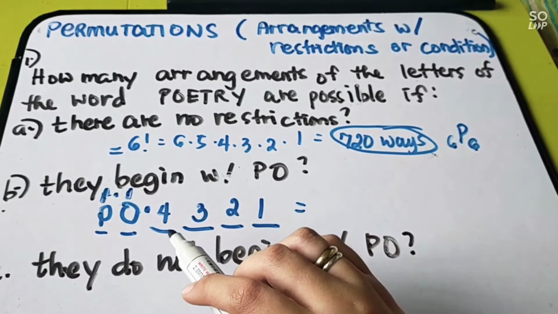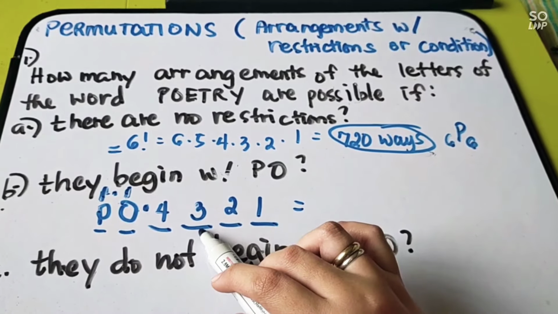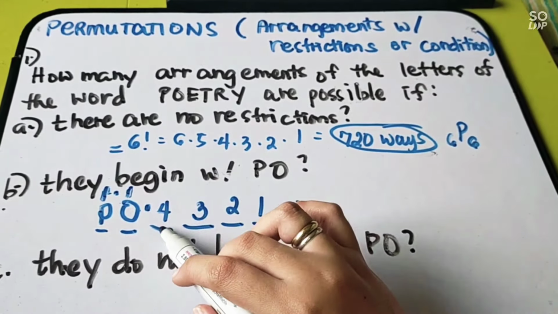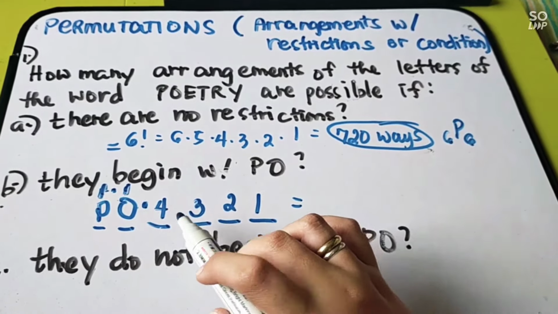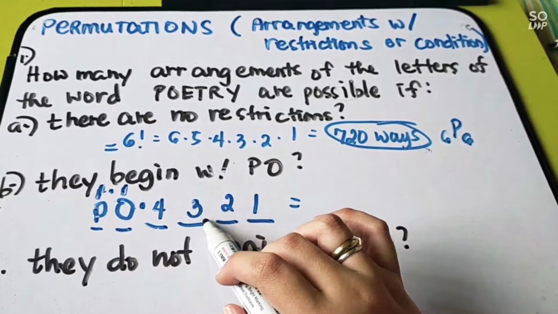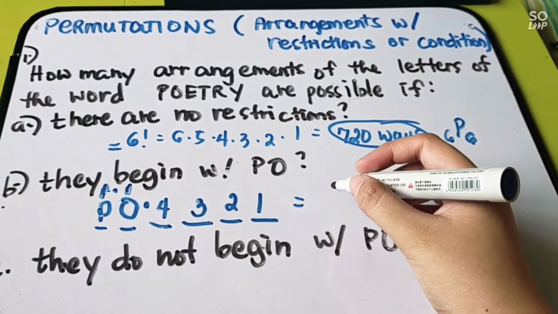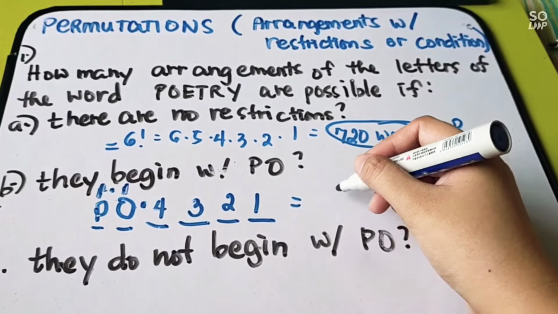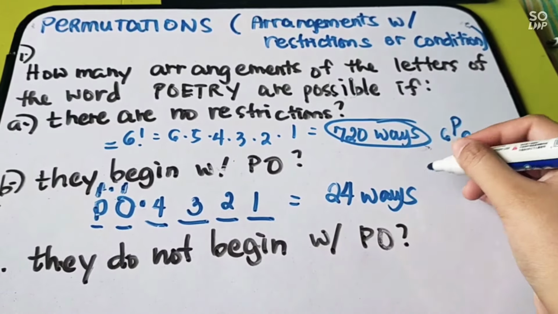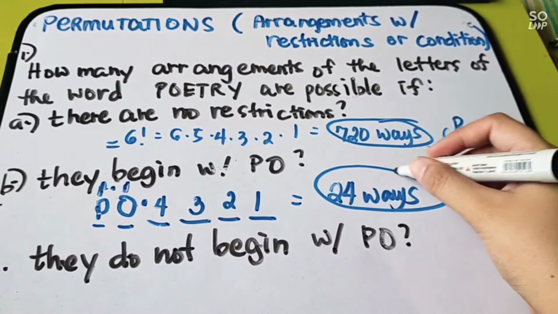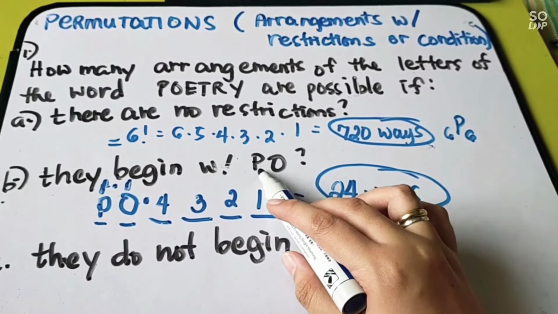So, next one. Bakit 3 na lang yung sumunod? Kasi nailagay mo na yung isang letra, 3 na lang yung letters na involved. Is it clear? So, 1 times 1 times 4 times 3 times 2 times 1. So, the answer here is 24 ways. So, 24 ways ang mangyayari kapag begin with P and O.